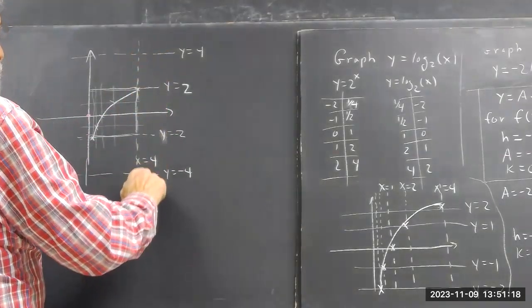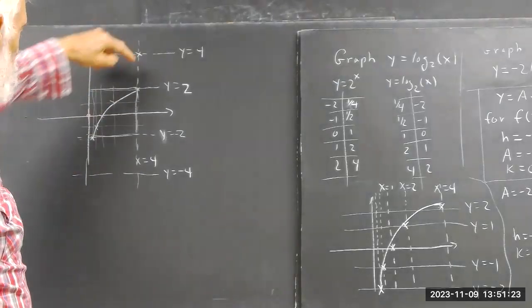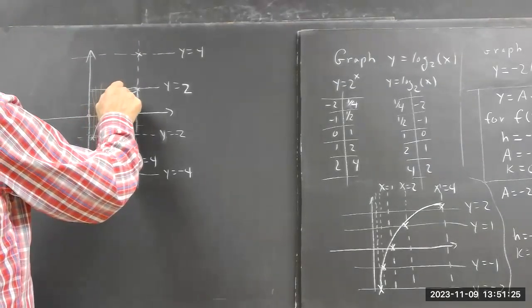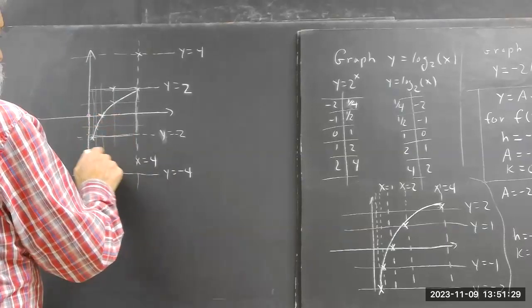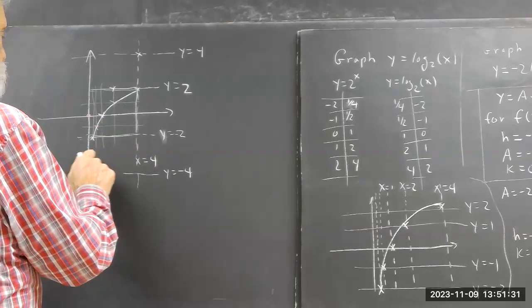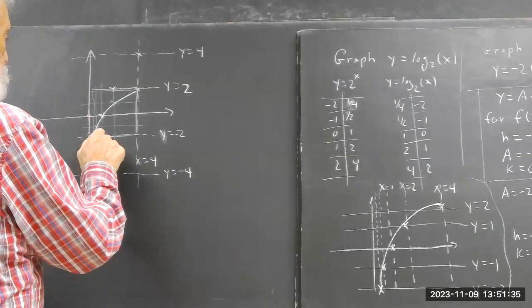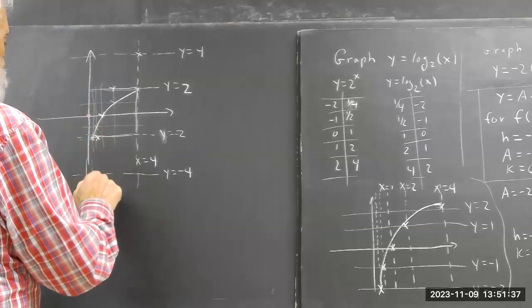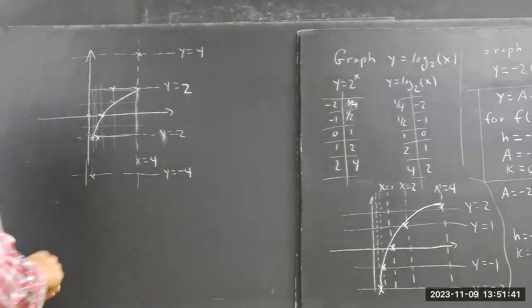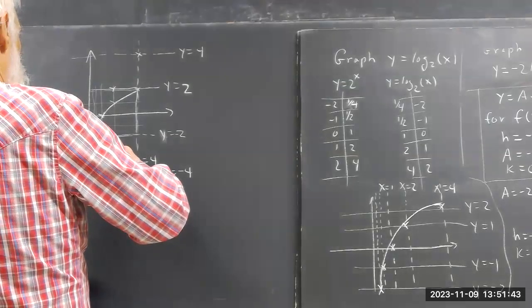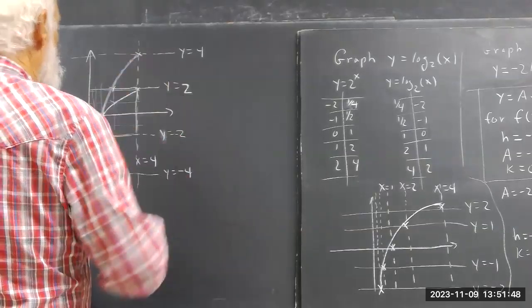And we're still on the line x equals 4, but now our top point will be up here. Our next point will be down here. Our next point will be here, and our next point will be on this line down here. And our graph would look like this.